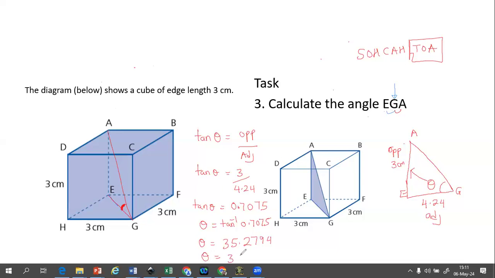So I write 35.3 degrees, tan inverse of 0.7075. So that's how you do it, and that is our angle. So you can first write, and then when you finish, you let me know and we start.